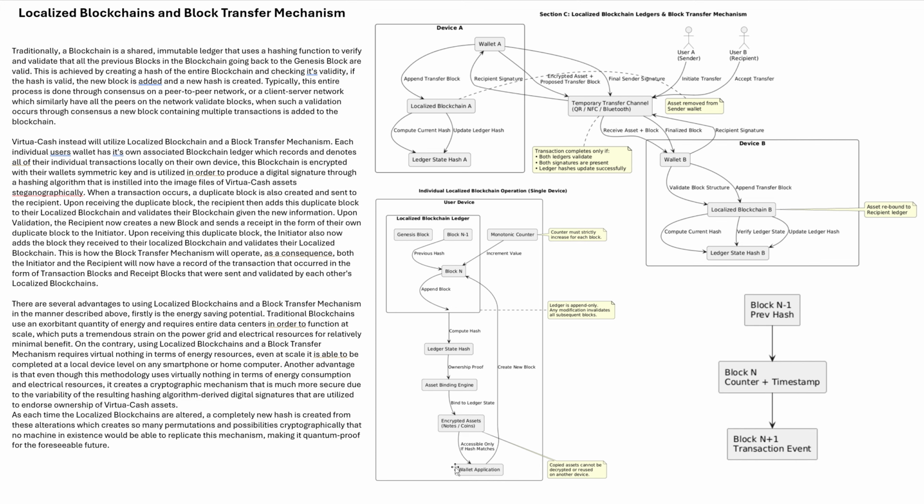So there's a lot going on here, and it's because of this complexity that it's just going to be so much more cryptographically sound. It's the way the system operates.